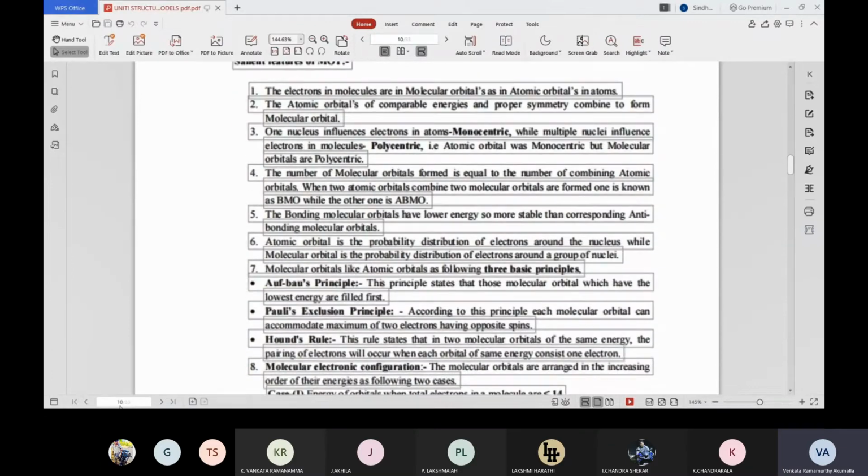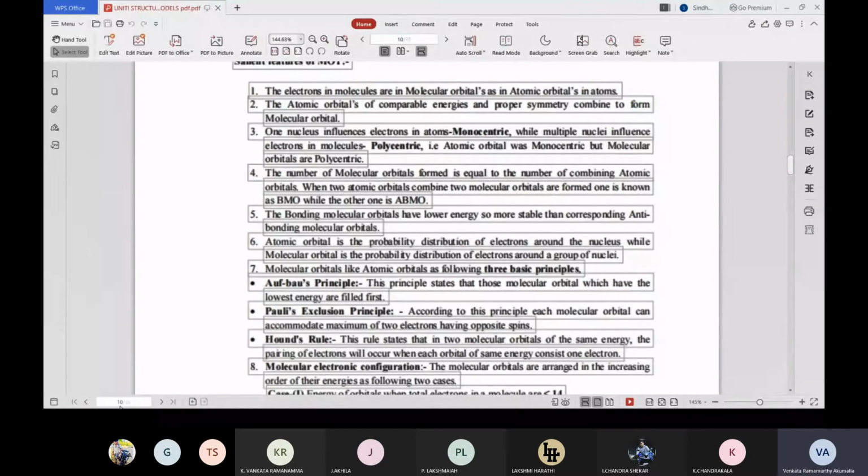Molecular orbitals, like atomic orbitals, follow three basic principles. The molecular orbital structure depends upon three laws or principles. One is the Aufbau principle, another one is the Pauli's exclusion principle, and the third one is Hund's rule. These three principles must be followed in molecular orbital theory.